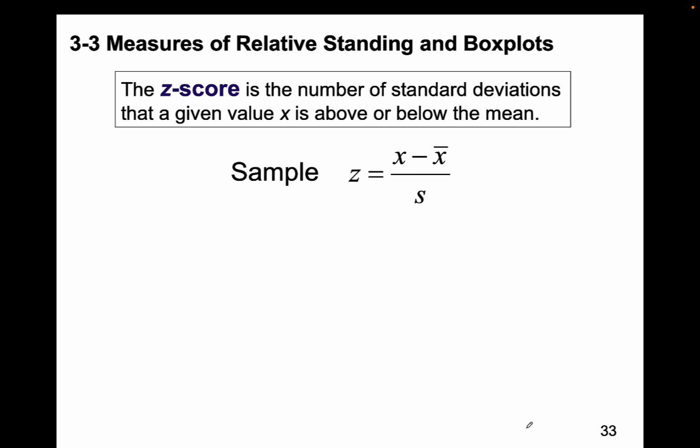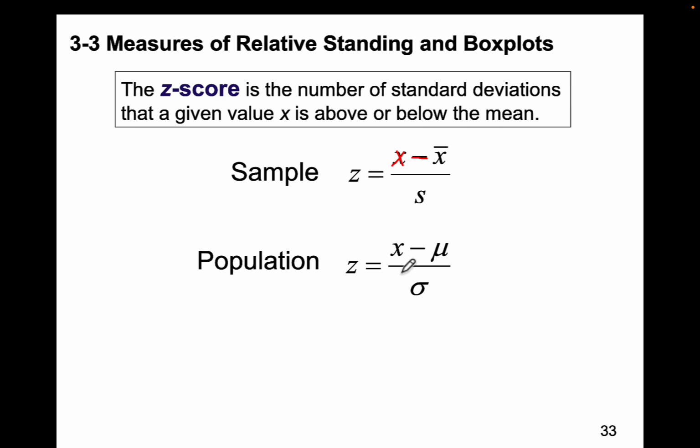To give a data value a Z-score, if that data value is from a sample, you can calculate its Z-score by taking whatever that data value is, then you'll hit minus on your calculator. You'll enter the mean from the sample, X bar, and you'll divide it by the standard deviation. When you hit enter, it's going to give that data value what's called a Z-score.